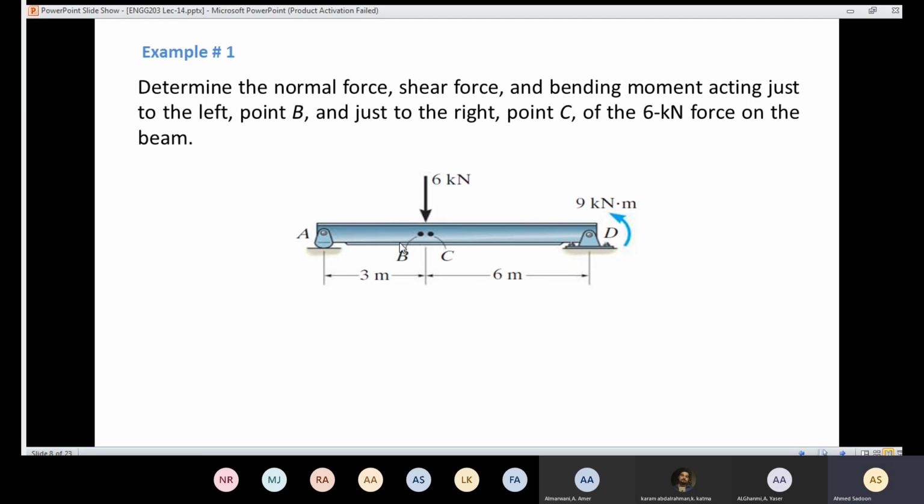Then we are going to make a section at the point C, just to the right of the 6 kilonewton force. So first, we need to know the internal forces before the 6 kilonewtons, and then we need to calculate the internal forces after the 6 kilonewtons. Also here we have a couple moment at the point D. The dimensions are shown here. So now we are going to solve that problem.